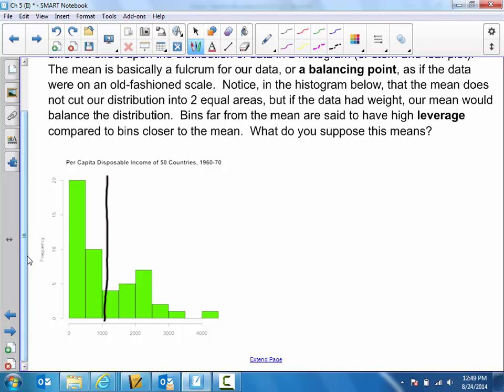The median, if you look at the heights of these bins, your first bin has a frequency of 20, so there are 20 data values in that first bin. Second bin has a frequency of 10, so there are 30 data values in the first two bins. Then the third bin right here going across, just giving you a reference with that arrow, is at about 5 for a frequency. The fourth is also about 5, so there's 10 data values.